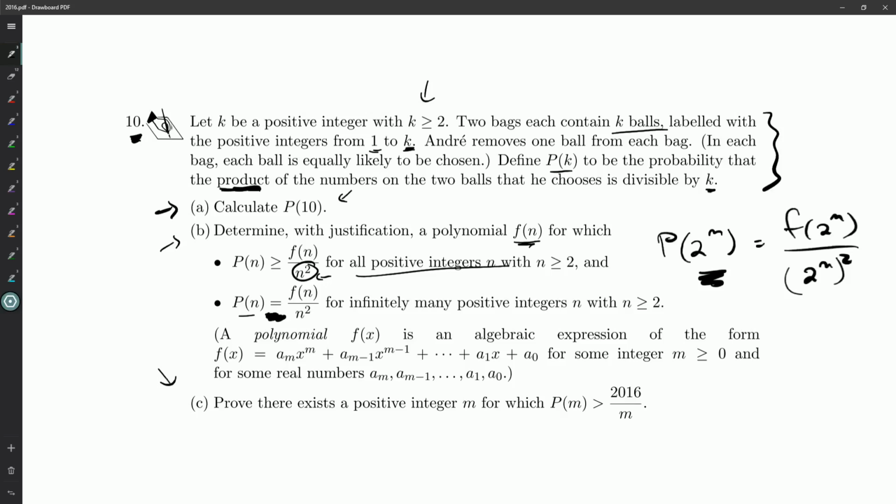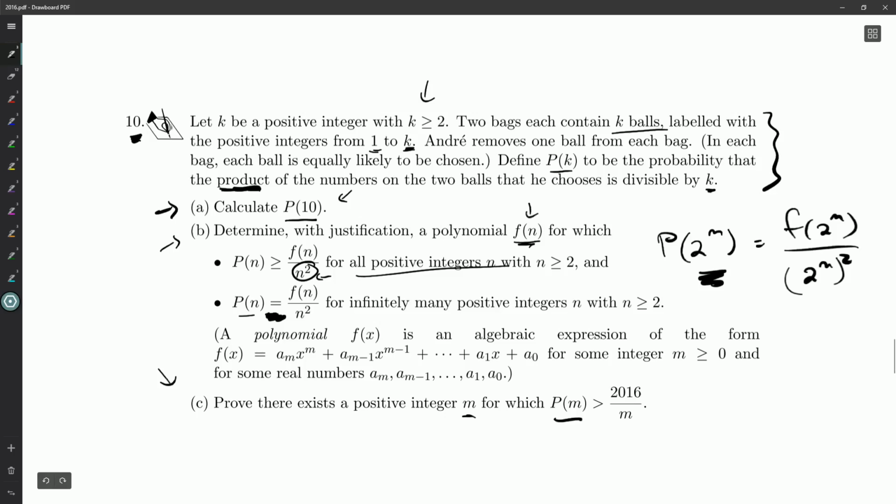Okay. So when we do A, we might want to carefully try and figure out, alright, how are we calculating P of 10? And that might influence the f of n that we work with. Okay, and then C part here. Prove there exists a positive integer m for which P of m is greater than 2016 over m.